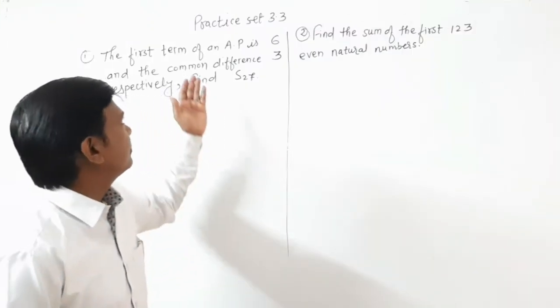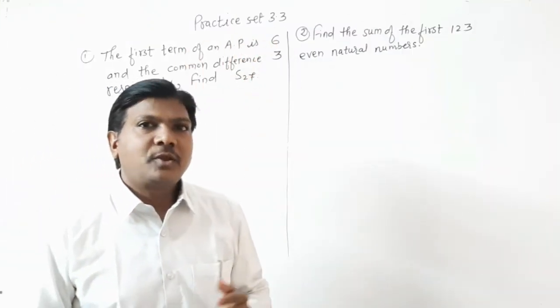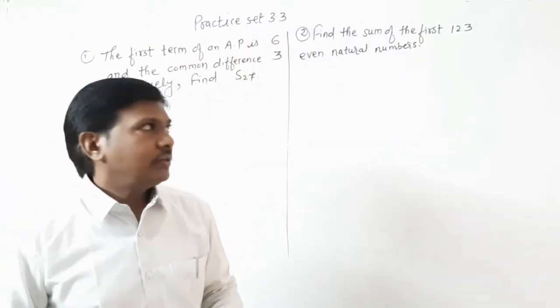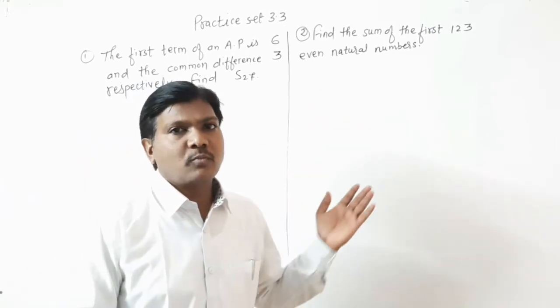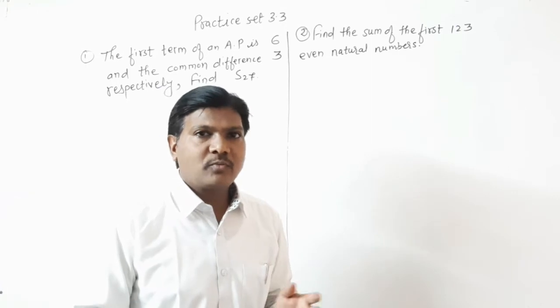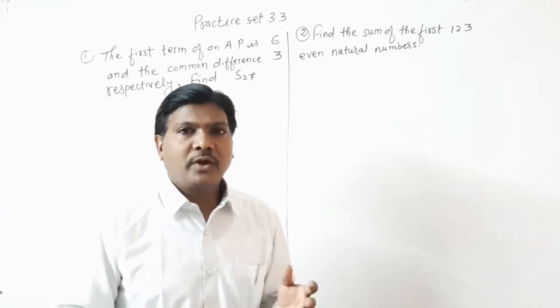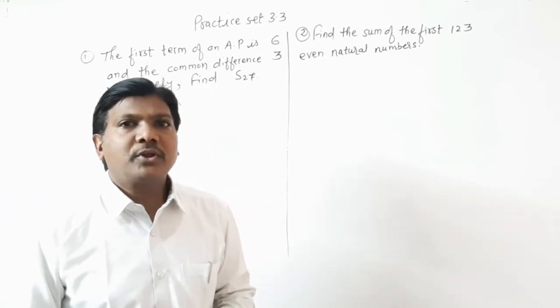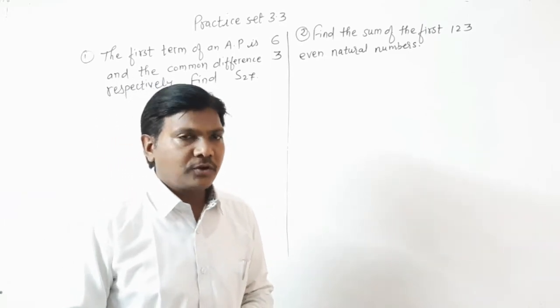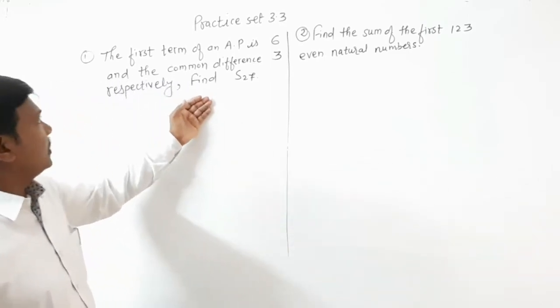See practice set 3.3, which is based on the sum of n terms, the formula for Sn. So Sn equal to n upon 2 into bracket 2a plus (n minus 1) into d. First take this example.